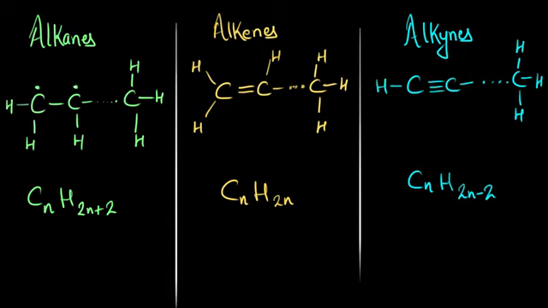Similarly, this carbon can also let go of the hydrogen and get an extra electron. Now these electrons can bond and form a double bond. Okay. So to get a double bond over here, I had to let go of two hydrogens. And that's the difference between an alkane and an alkene. See, this has H2n plus 2, whereas this one has H2n. The difference is of two hydrogens.